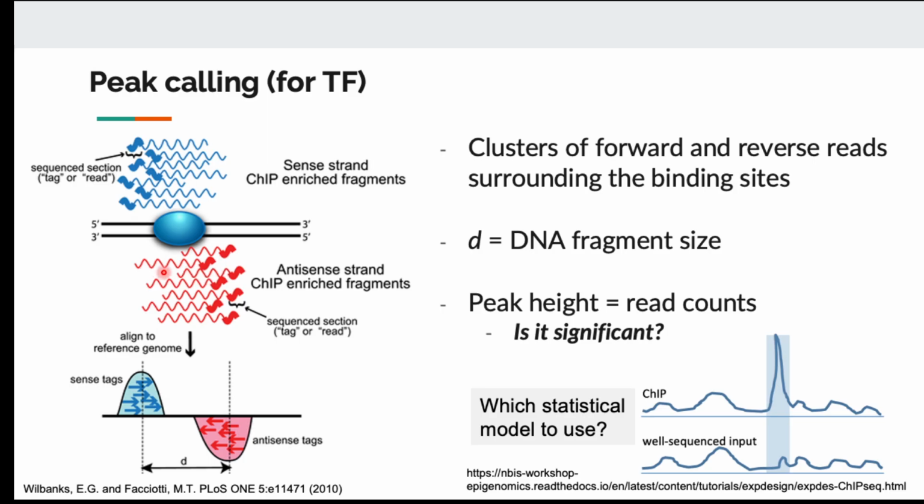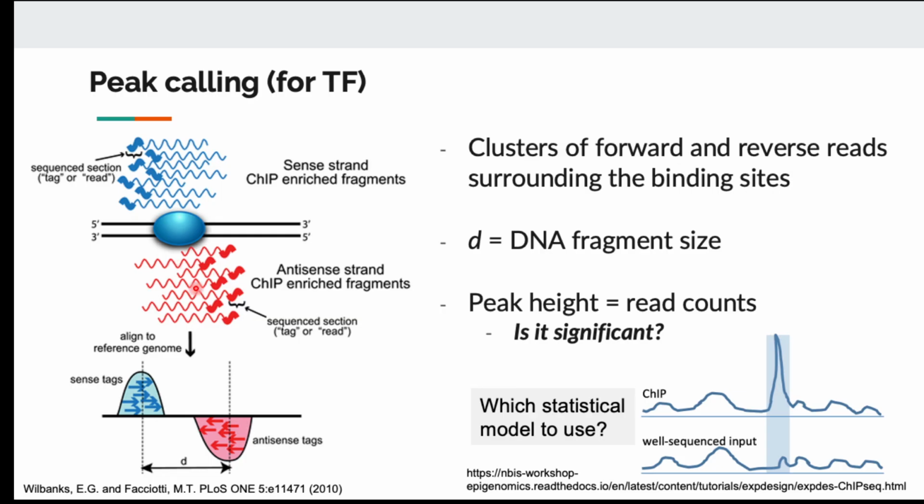Because on each piece of DNA that surrounds the transcription factor binding site, we're going to sequence either the 5' end or the 3' end. So these two peaks, one upstream, one downstream, the distance between them should be equal to the length of the DNA fragment. So this is one piece of information that we can use.